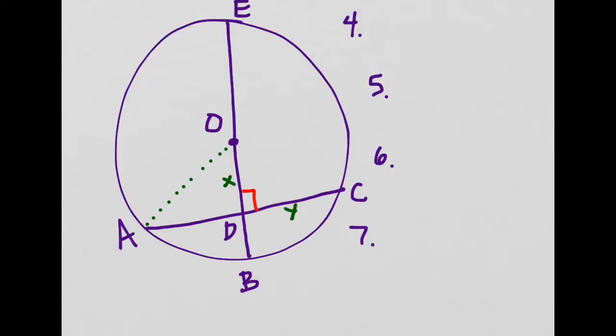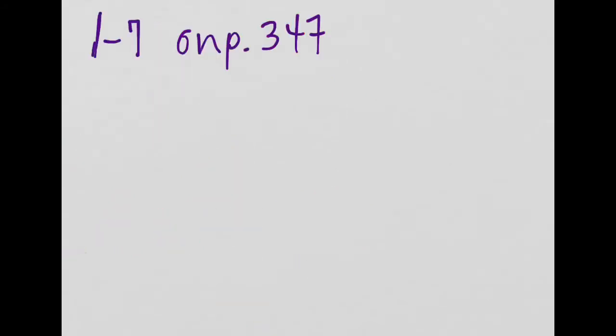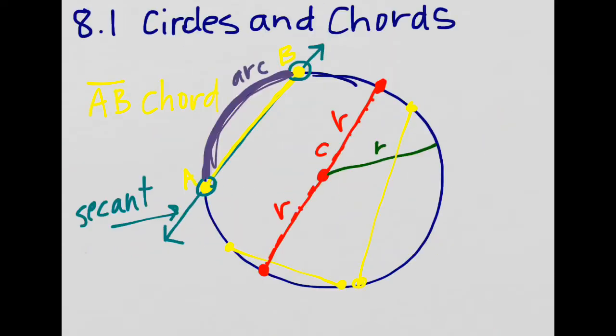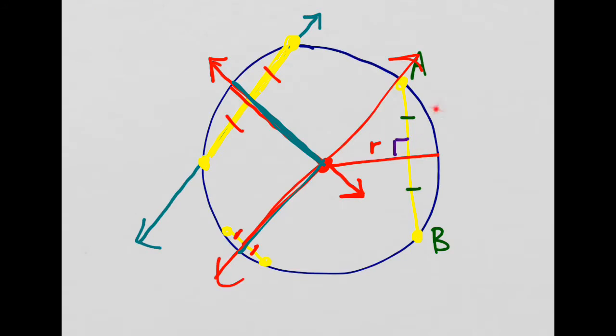Okay, so number 4 asks us to say how long is this segment AD? Well, I don't have any number for it, but what I do know is that this line here creates a right angle with my chord AC, and if you remember, if you have a chord that creates a 90-degree angle with some line through it, it is bisected, and that line will then have to go through the center point.